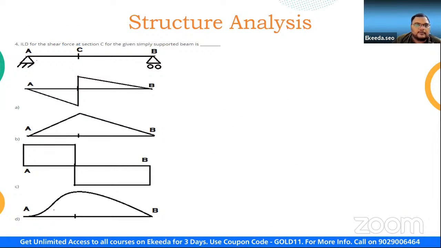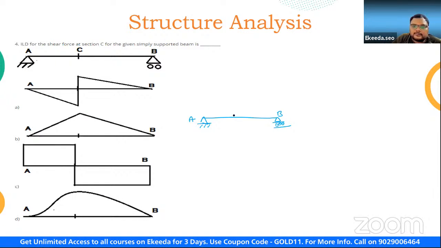This is the next question. ILD for shear force at section C for the given simply supported beam is. So this is the beam. See here, let us say this is A and this is B. This one is roller.